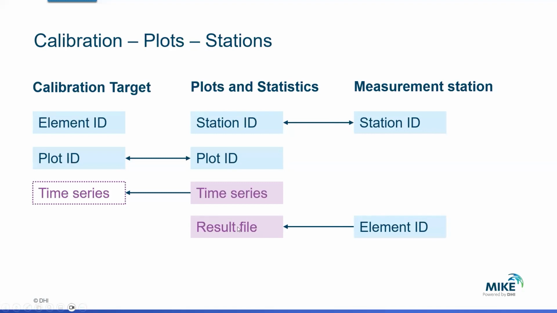And this element ID tells plots and statistics which element to plot, because the result file contains thousands of pressure graphs. What is a bit confusing is that this element ID and this element ID are not connected. I mean, they should be the same, but they are in different editors. I was a bit confused at the beginning.